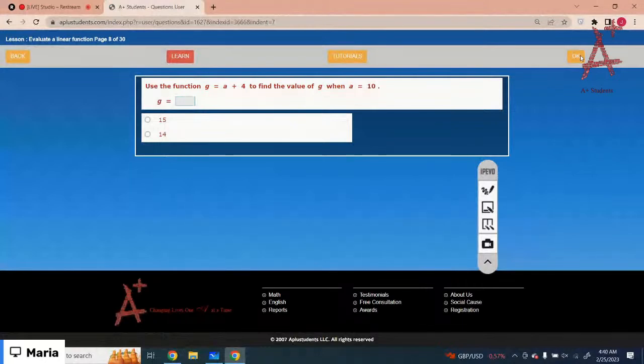So g equals 10 plus 4, and 10 plus 4 makes, yes, 14. Very good. So the correct option is 14.